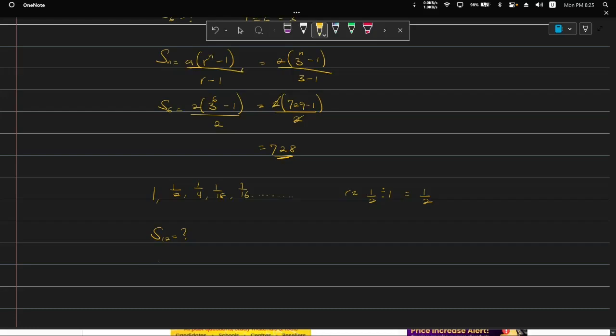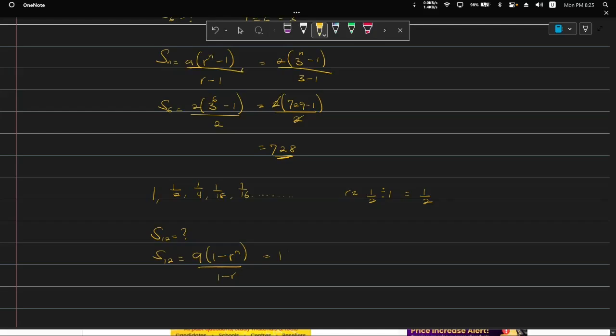So we have the common ratio to be 1 over 2. So I can say S12 is equal to A into bracket. Look at it, 1 over 2 is less than 1. Therefore, our formula will change to 1 minus R to the n over 1 minus R. I don't know if you understand it. Alright, so our first term is 1.